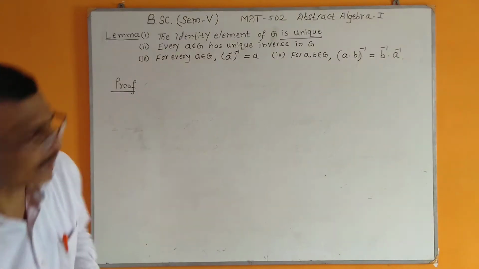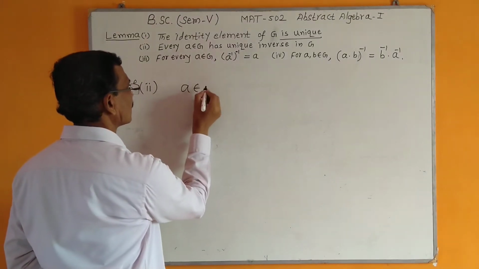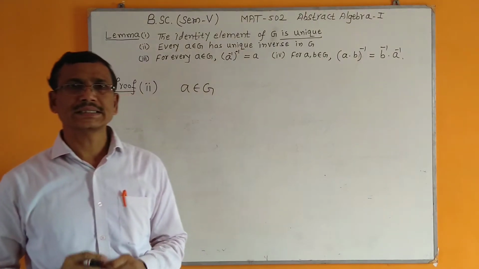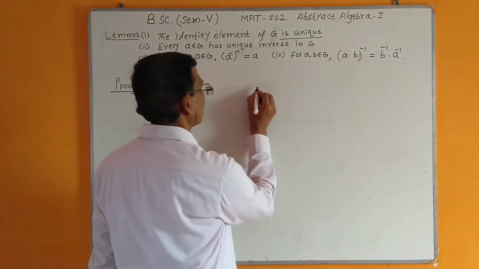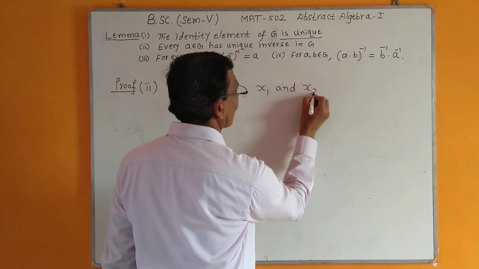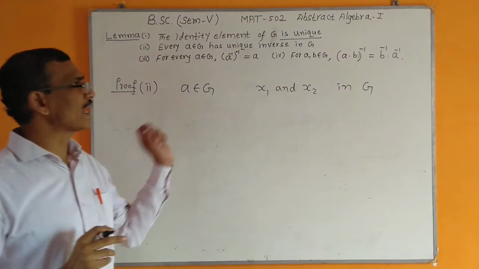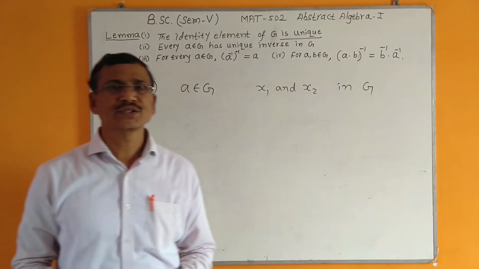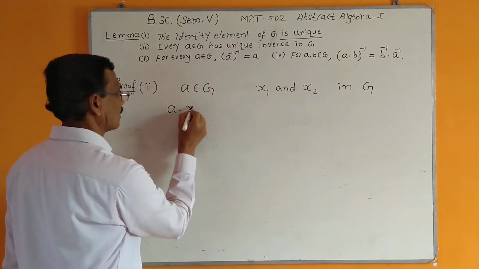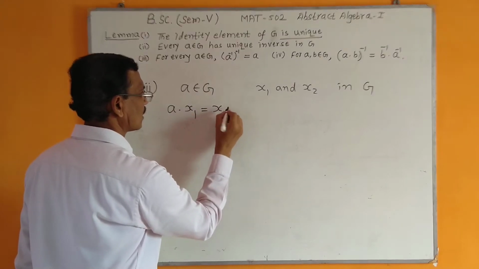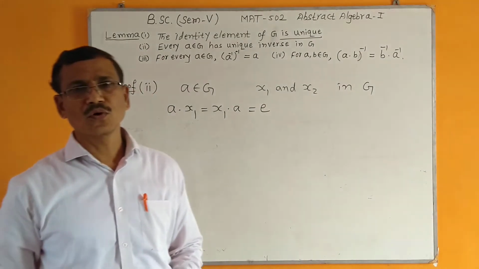We shall consider that a belongs to G is any element of the group G. To prove that this element has a unique inverse in G, we shall assume that x1 and x2 are two inverses of a in G. Then by the definition of inverse, first considering x1 as an inverse, a · x1 is equal to x1 · a is equal to e, where e is the identity element of the group G.